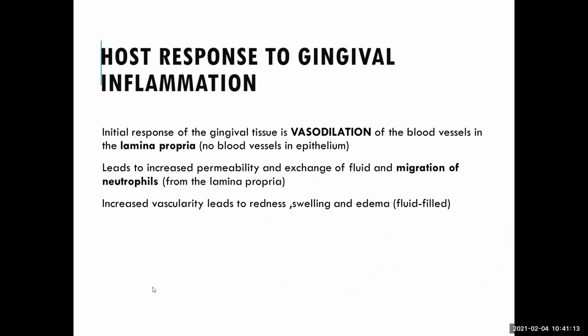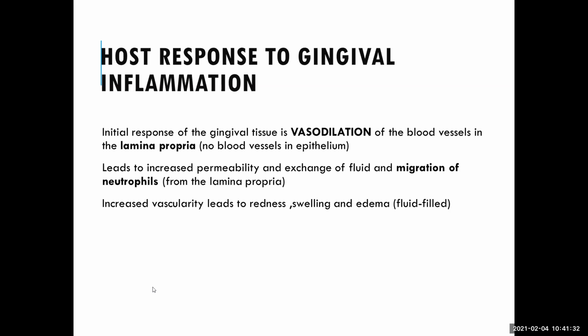What's the host response to the gingival inflammation? The initial response is vasodilation. Remember those hemidesmosomes and desmosomes, those gaps? They kind of stretch out to allow more fluid to come into the gingiva with the gingival crevicular fluid.